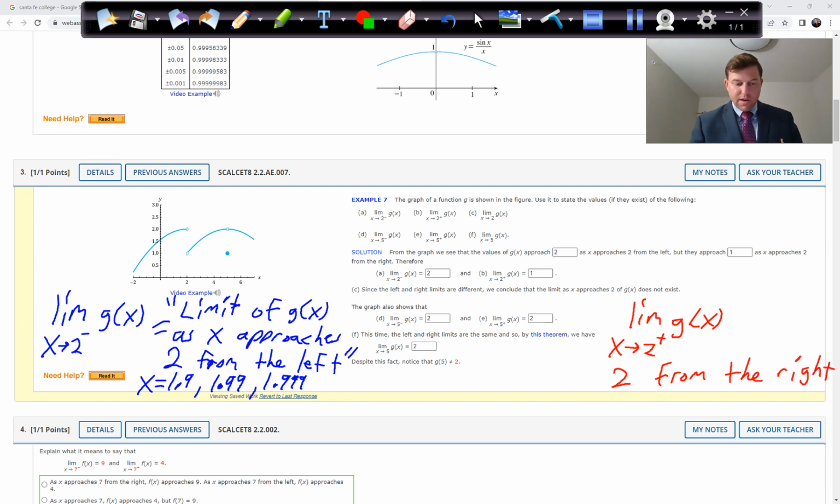So I don't want to write all those words. It's still the limit of g of x as x approaches 2 from the right. And so your x's are going to be bigger than 2, like 2.1, 2.01, and 2.001. So they're getting closer to 2, but they're still bigger than 2. So it's two different directions, left and right.